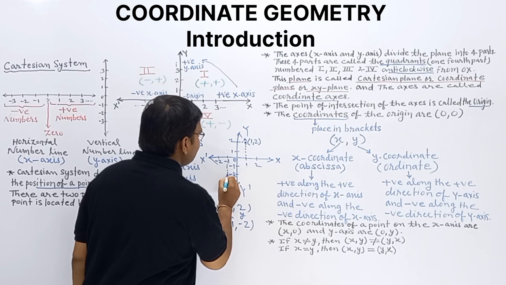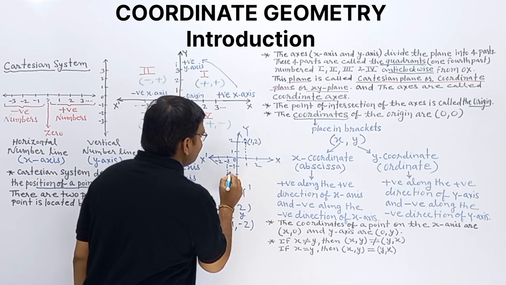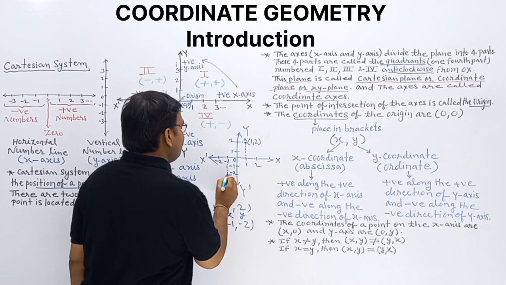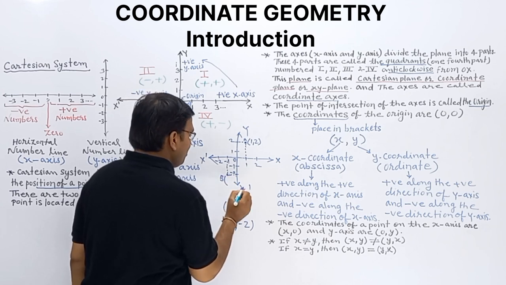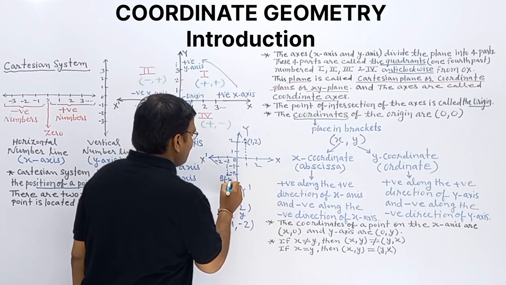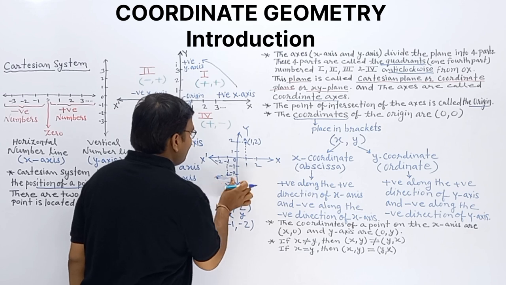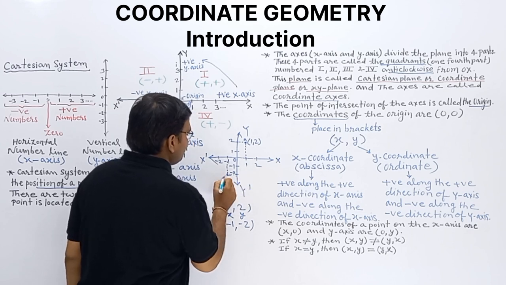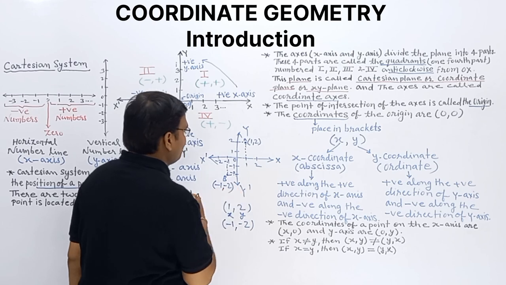Yes or no? This is -2. So this is the point B, and its coordinate is (-1, -2). Clear?